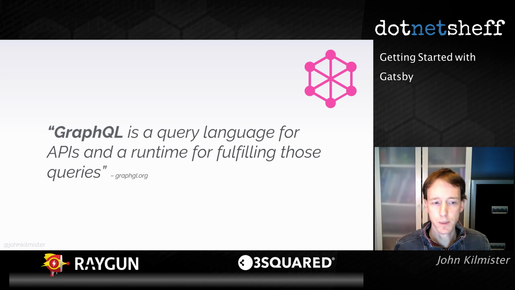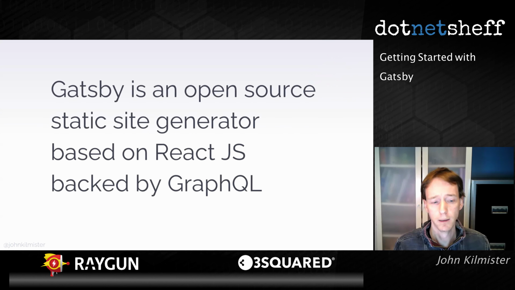The way that Gatsby deals with this is that each page looks that data up in the graph, and you can push new queries into that graph in order to do that. And again, GraphQL is a really popular technology that's growing and growing.